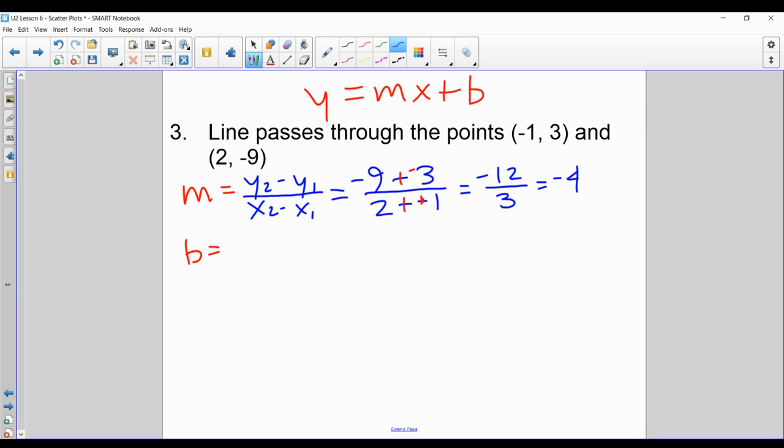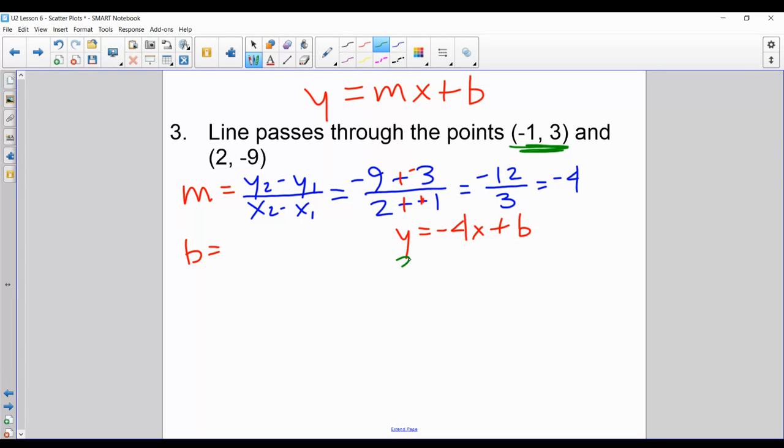Okay, now I have the slope, so I can plug it in to y equals mx plus b, and then I can plug in one of my points. So I'm just going to go ahead and pick this first point. It doesn't matter, I can use either of them.